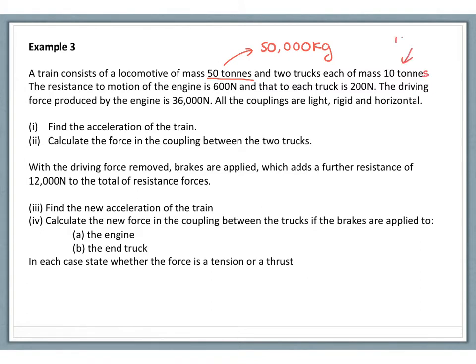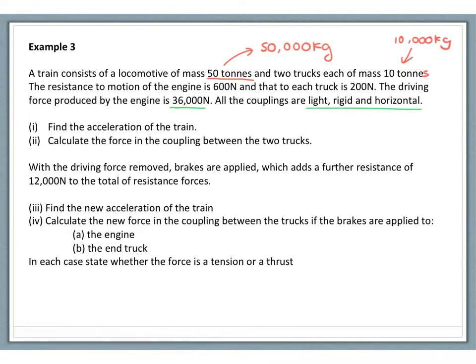So that is a mass of 10,000 kilograms. The resistance to motion of the engine is 600 newtons, and that to each truck is 200 newtons. The driving force produced by the engine is 36,000 newtons. All the couplings are light, rigid, and horizontal.